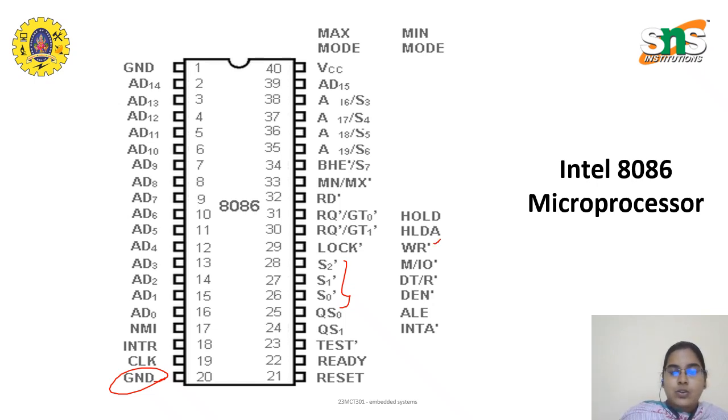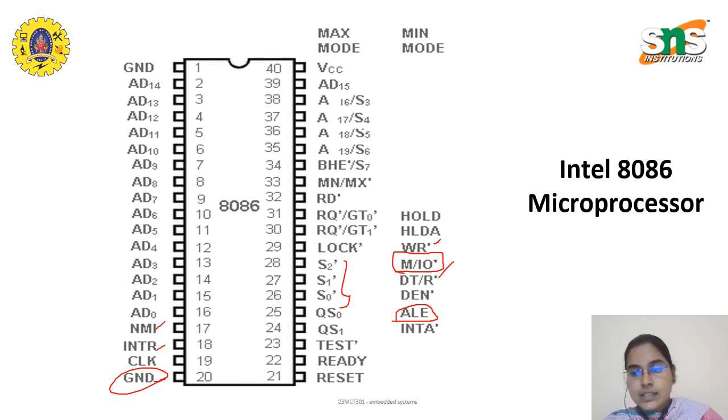We have write operation and read operation, and the memory or IO signal states whether the Intel processor has to act as a memory or an input output port. Apart from that, we have the address latch enable and the interrupt options, which are the most important thing. We have the interrupt here, the interrupt acknowledge here, and the non-maskable interrupt here.